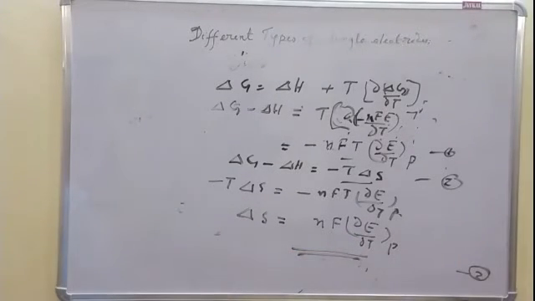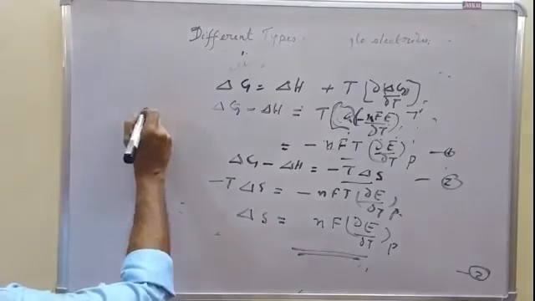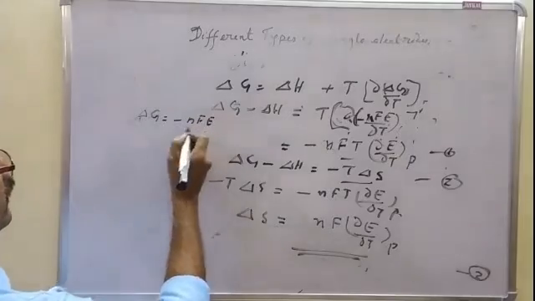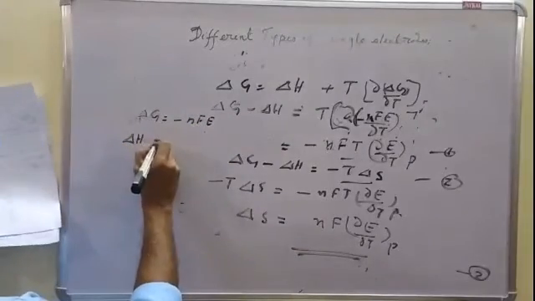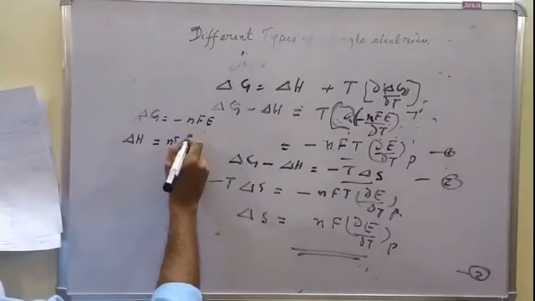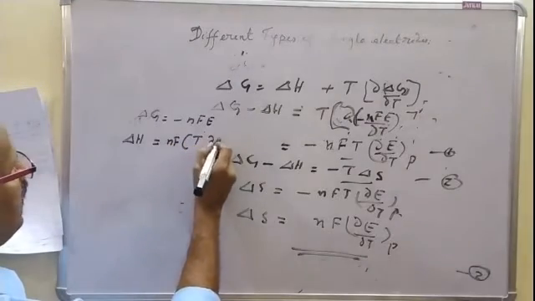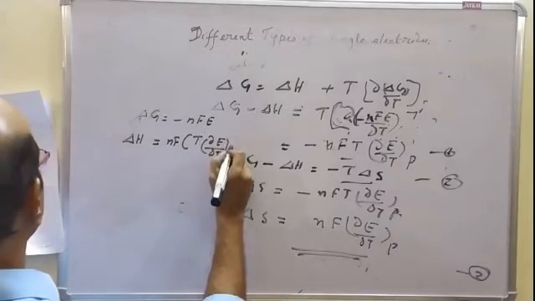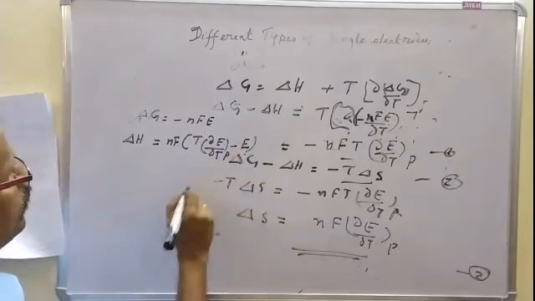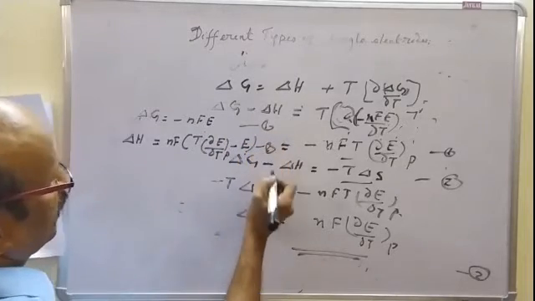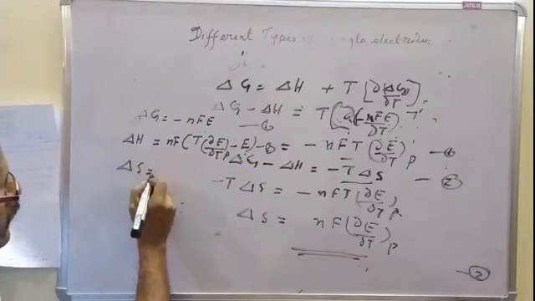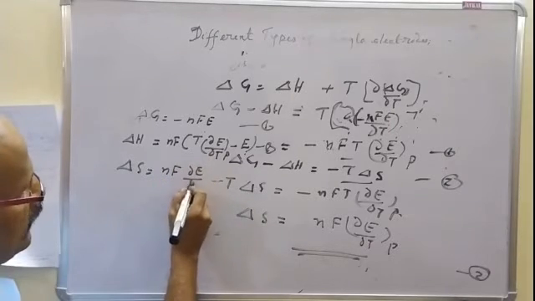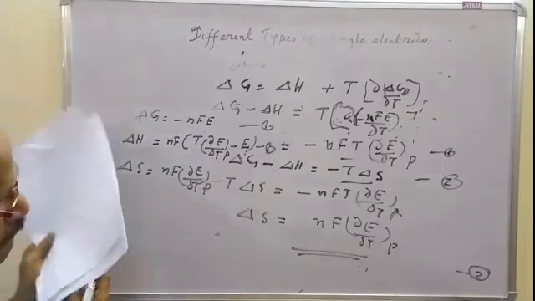So we have three relations in thermodynamics. 1: delta G is equal to minus nFE. 2: delta H is equal to nF into T dE by dT at constant pressure minus E. 3: delta S is equal to nF into dE by dT at constant pressure.